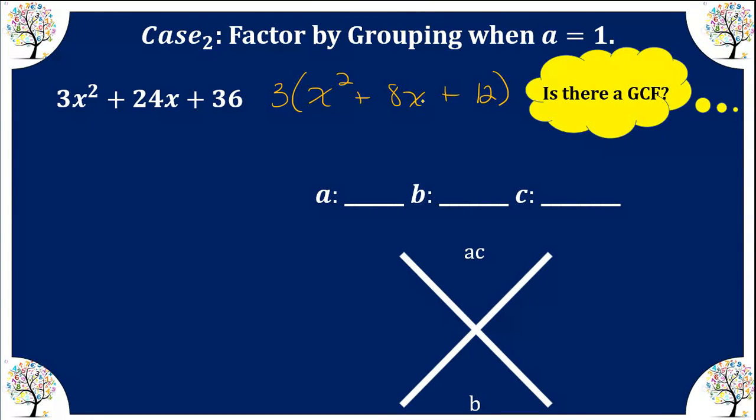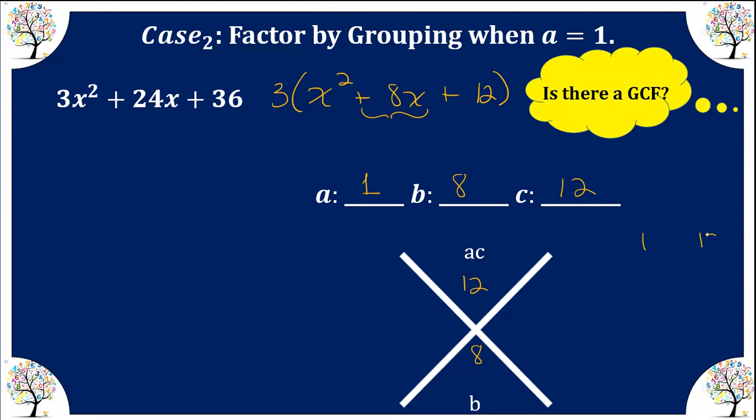My new a value for this trinomial is 1, our b value is 8, and our c value is 12. Again, keep in mind the goal here is to break 8x into 2 terms that does not change the value of this expression. 1 times 12 is 12, and our bottom value is b.